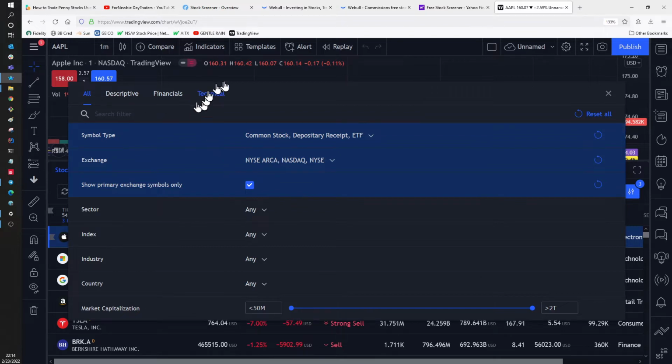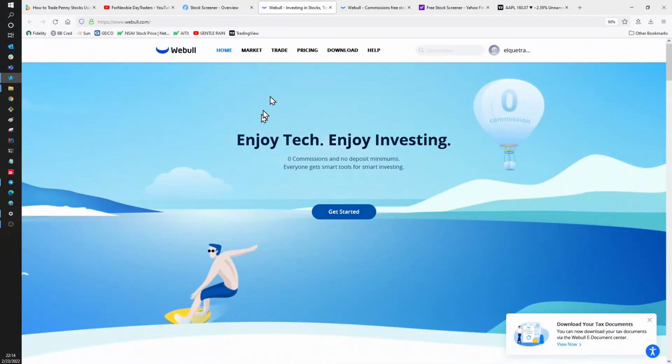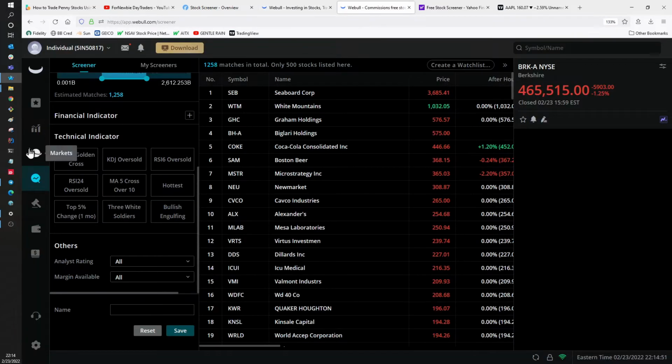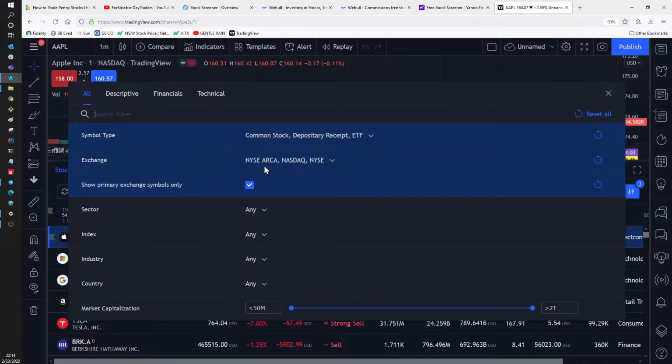You can also paper trade with Webull, with paper trading here, and you can paper trade with TradingView. So that's a very quick recap of the stock screeners that we introduced, and I urge you to explore each of those in turn and use other input parameters that I didn't go over.